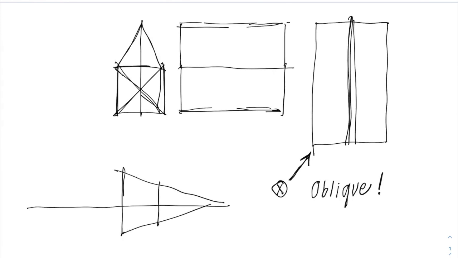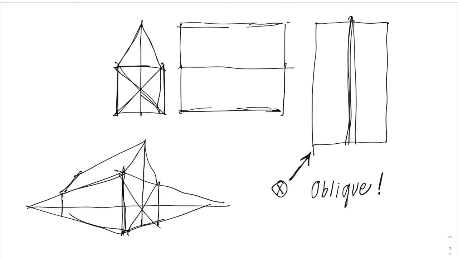We're going to have the corner of the house, the side, the longer side, and both of these sides are going to point back to the eye level, of course, and the lines are going to converge at the vanishing point, one on the right and one on the left. So that's what we're going to do in our drawing.